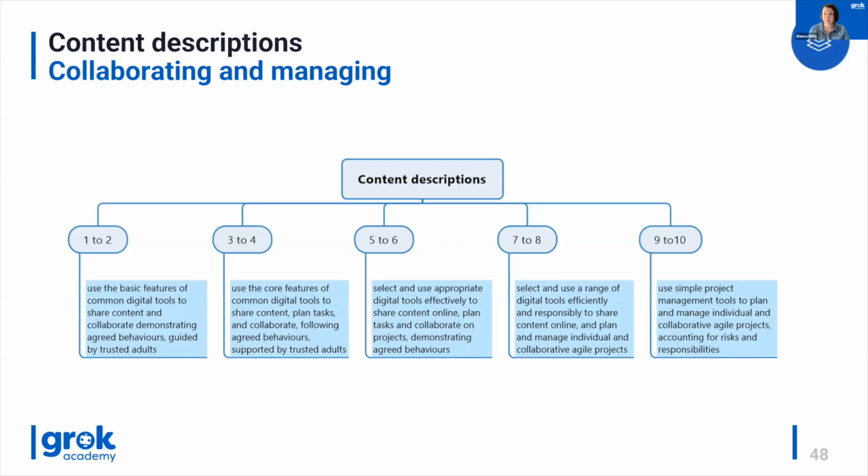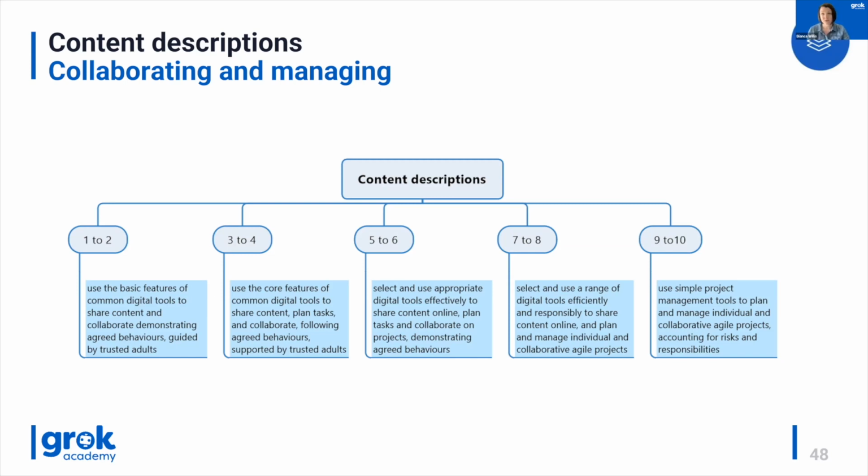Again, we have just one content description for each band level for collaborating and managing. It is helpful again to look at that progression to understand the skills developed as students move past the Year 1-2 band. Our Year 1 and 2 students use basic features of common digital tools to share content and collaborate, and that's guided by trusted adults.